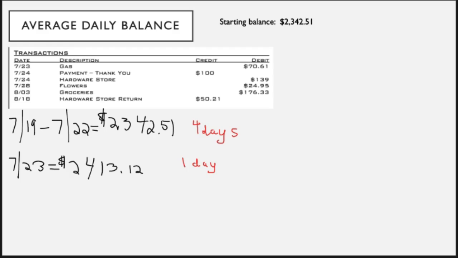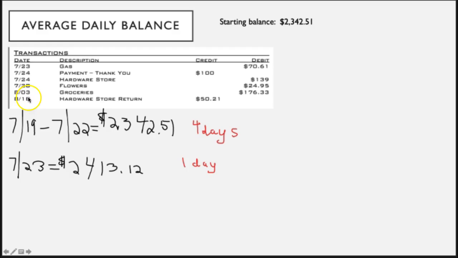So on the 23rd, you're going to add $2,342.51 plus $70.61 for a new balance on the 23rd of $2,413.12.